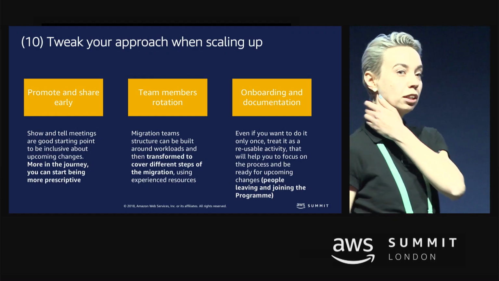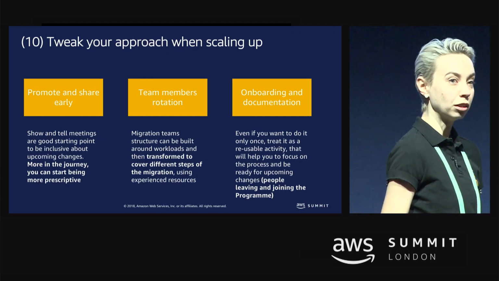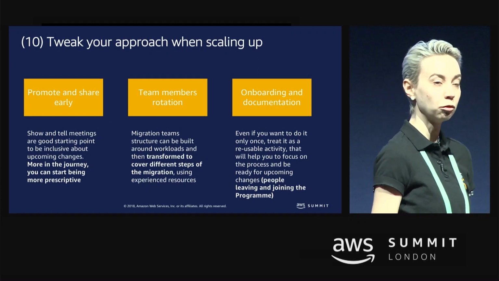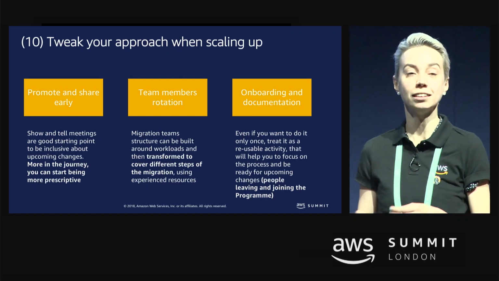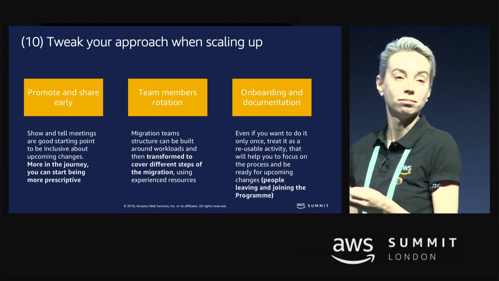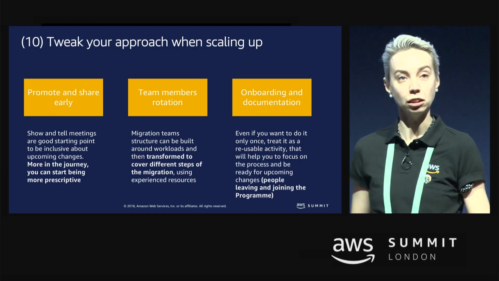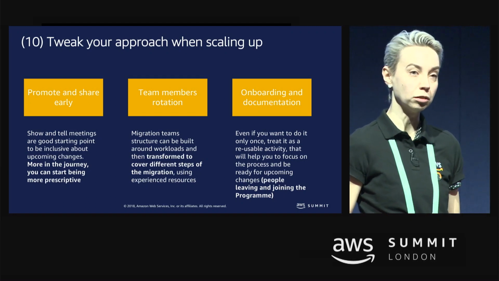The second point here is to look at your teams. Sometimes our customers need to move a lot of applications, hundreds of applications, at a pace. And we have only 10 or maybe 20 people who will move the first 50 applications. How do we approach that? We have two options here.